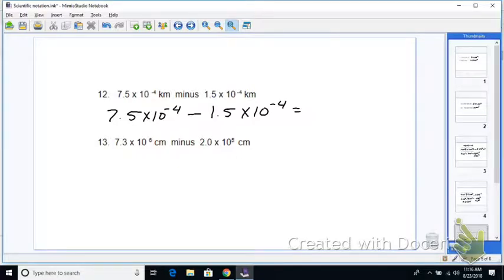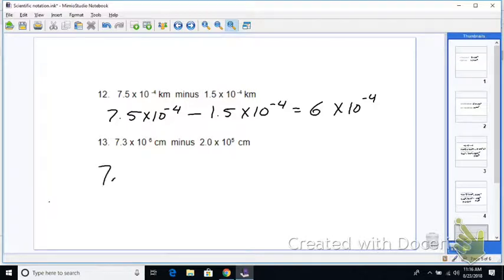So 7.5 minus 1.5 is what? 6. And then the exponent is not minus 8. We're not multiplying, it is minus 4, the same. So the exponent won't ever change. It'll be whatever you have.